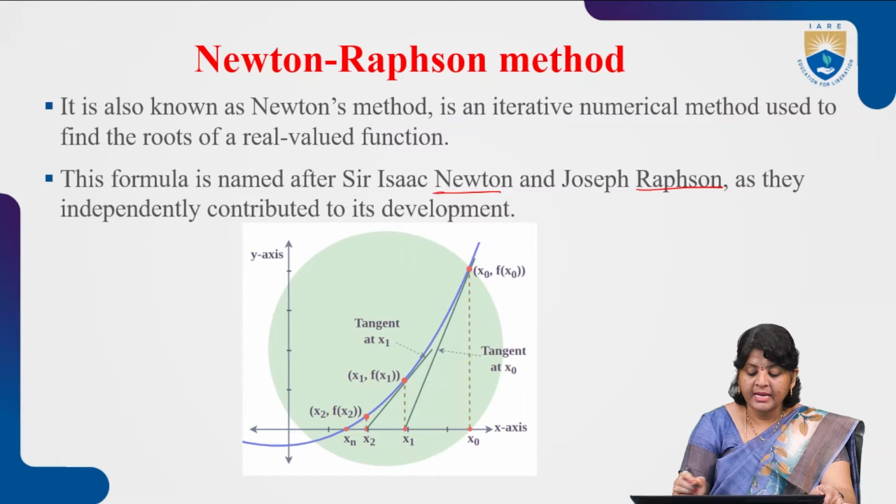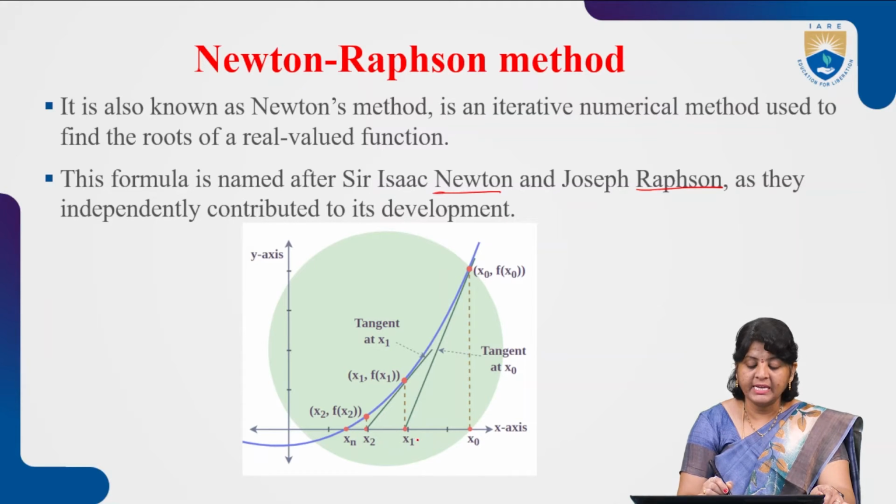Here is the graphical representation, where we find the initial guesses as x0, x1 and x2.